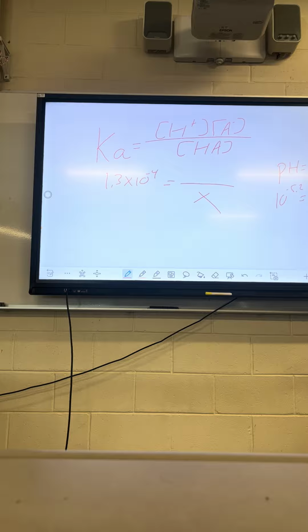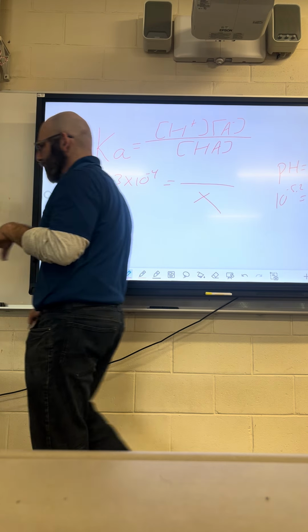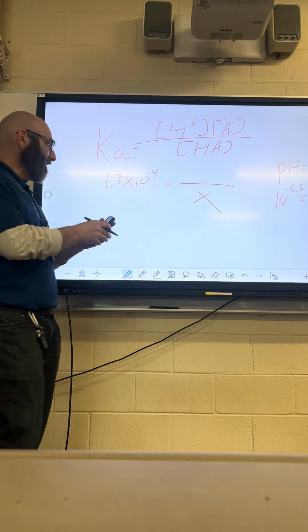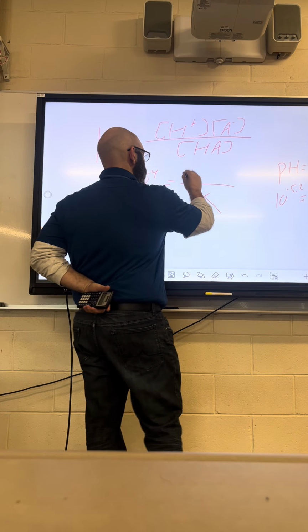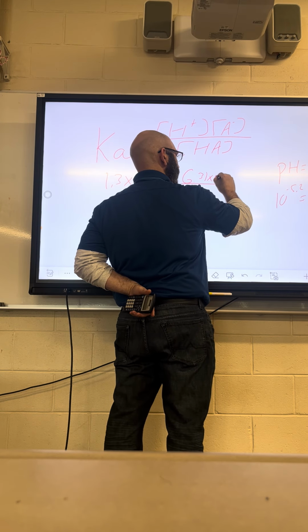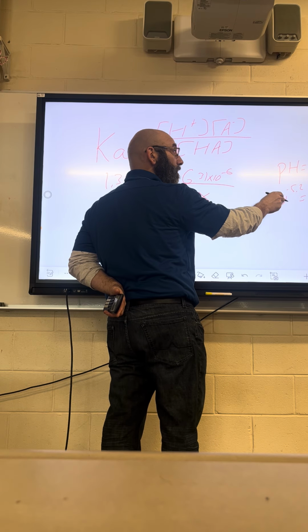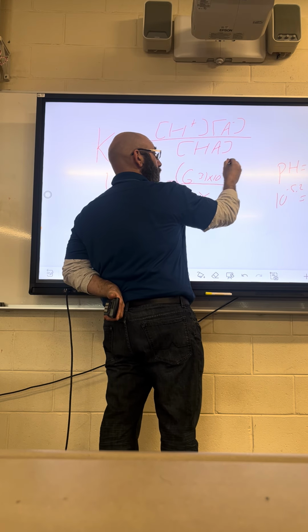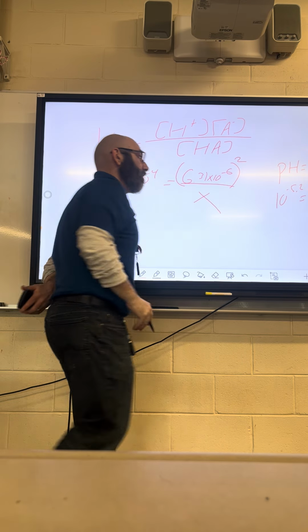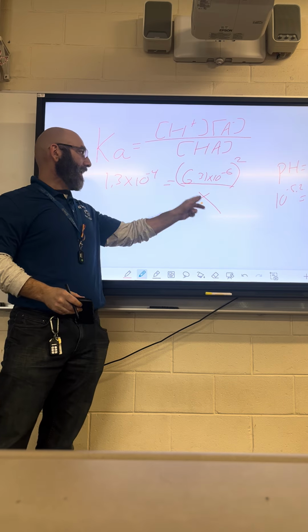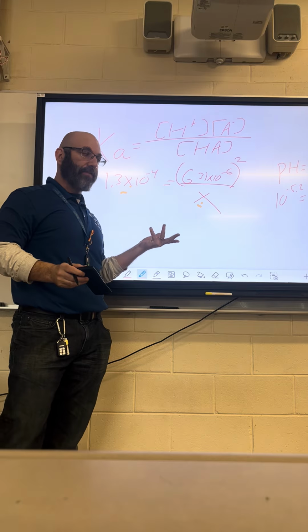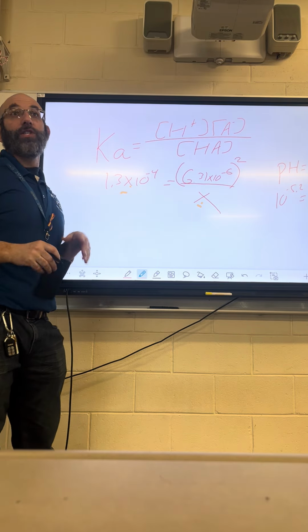And what else is this the concentration of? A minus. So whatever you get for this, you end up with 6.31 times 10 to the negative fifth. And then because it's both, it's got to be this quantity squared. Mathematically, you can trade the x and this. These can flip-flop, and then when you divide, you get that really, really small concentration.